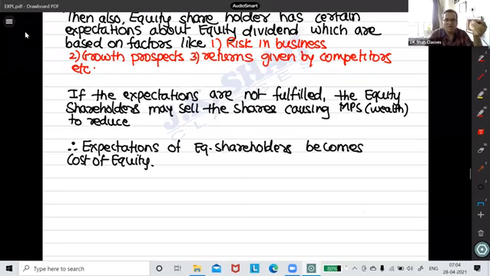Not that. They also have certain expectations about dividend. If those are not fulfilled, then what will happen? Obviously, they would sell their shares.